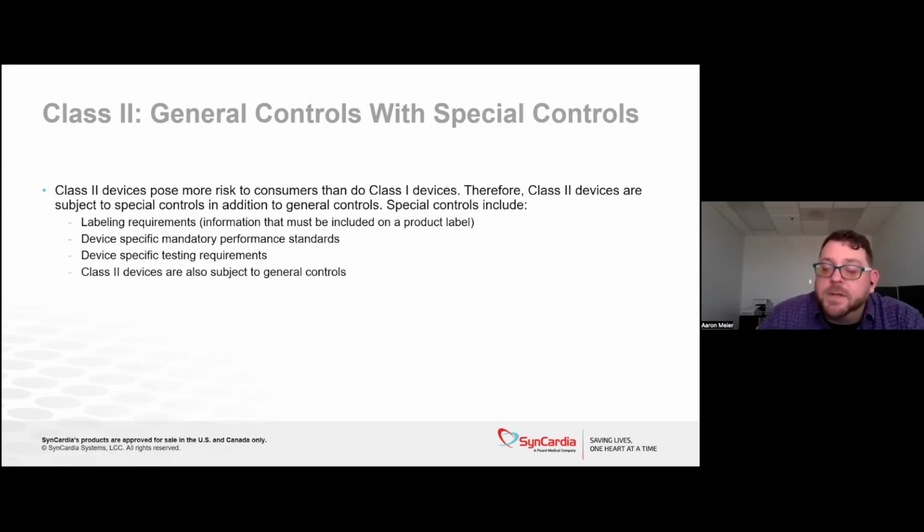There are performance standards that must be met, right? You have to meet certain thresholds to demonstrate your device is safe. Testing requirements, EMC testing, electricals testing, things that demonstrate that since your device is a higher risk, maybe there's electrical components, a battery, specific testing to demonstrate that those subcomponents are also safe, as well as the general controls.